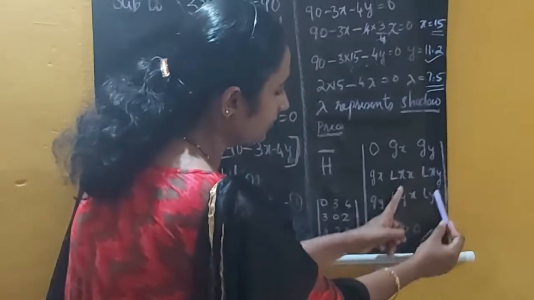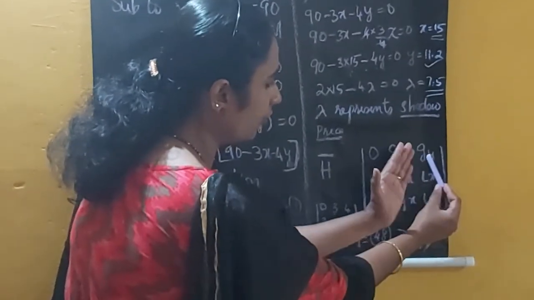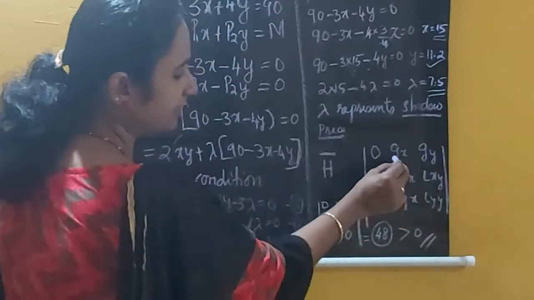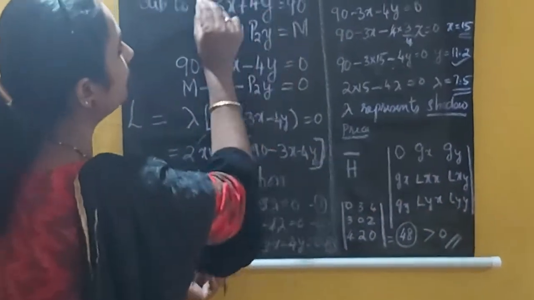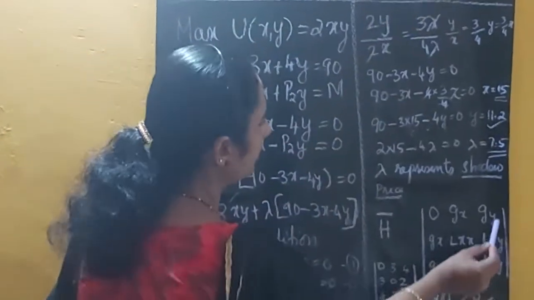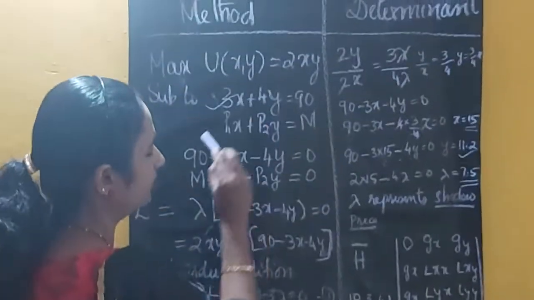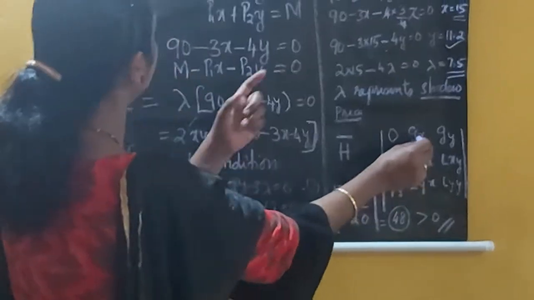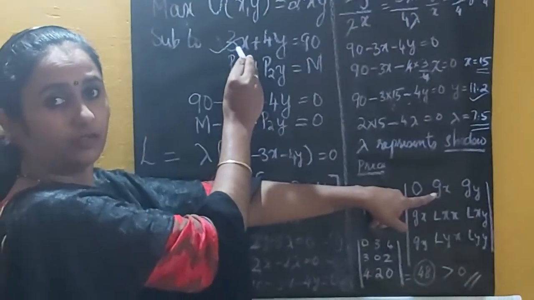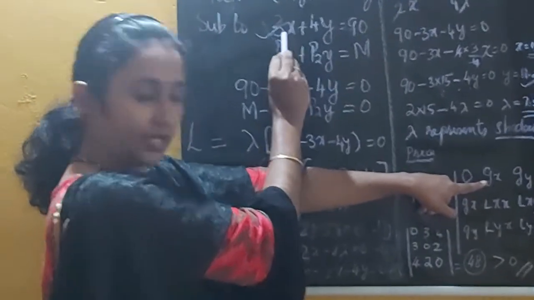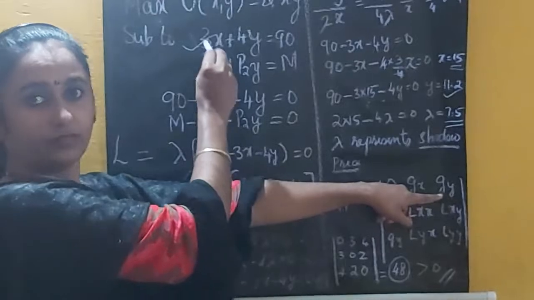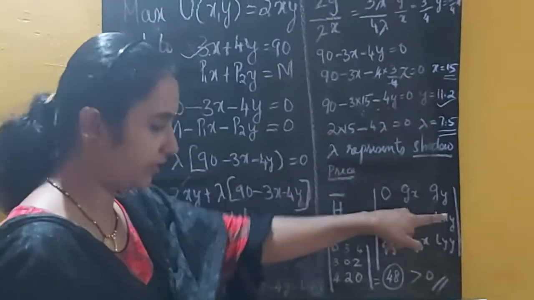And these four values are bordered by the first order determinant of the constraint. So gx represents the differentiated value of this constraint with respect to x, and gy represents the differentiated value of this constraint with respect to y.